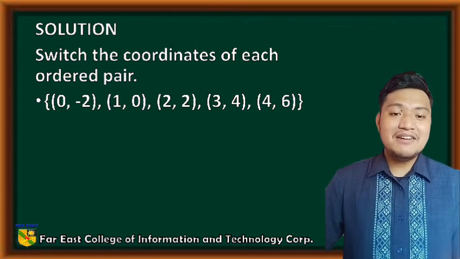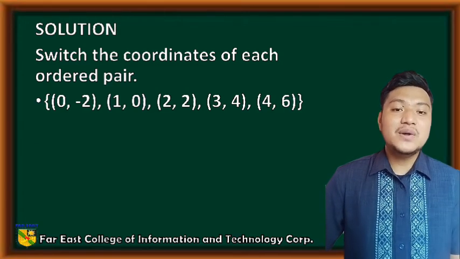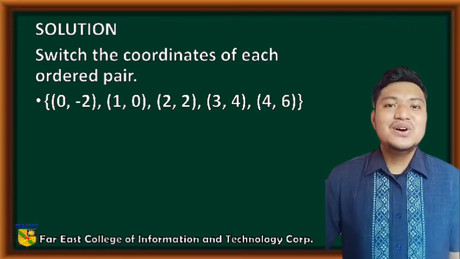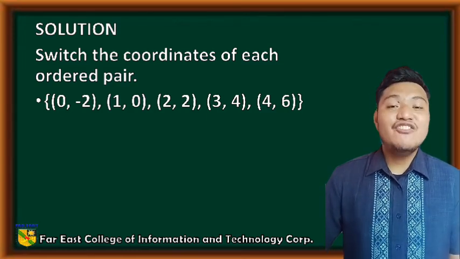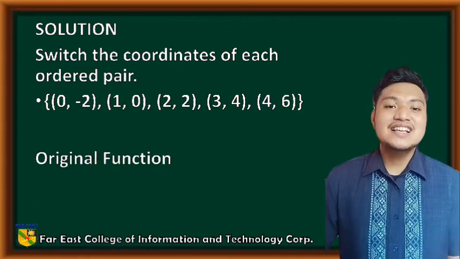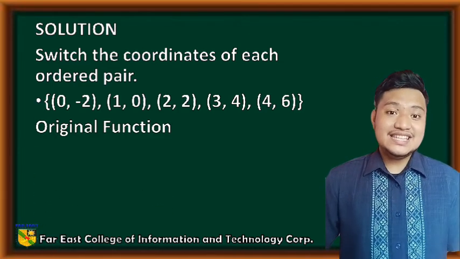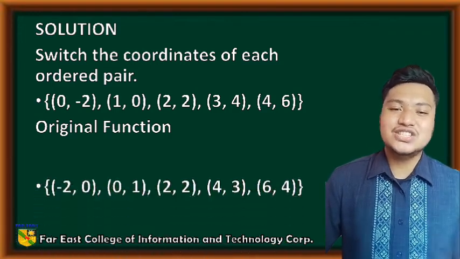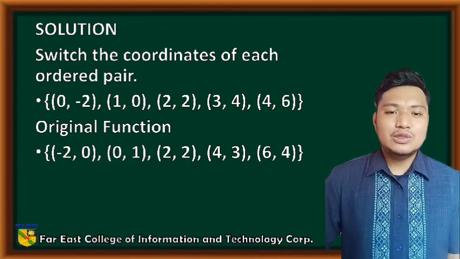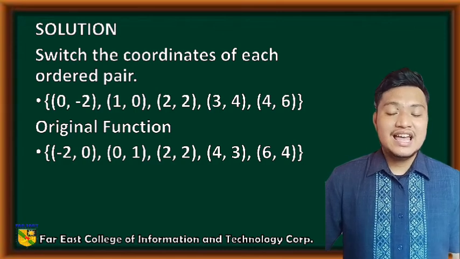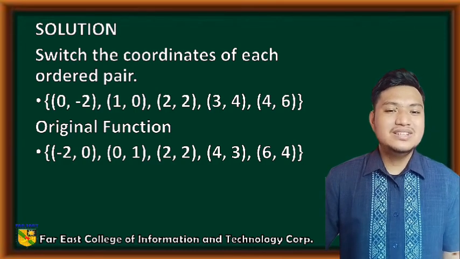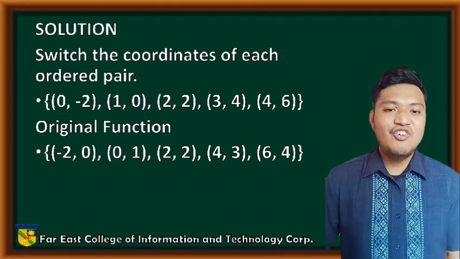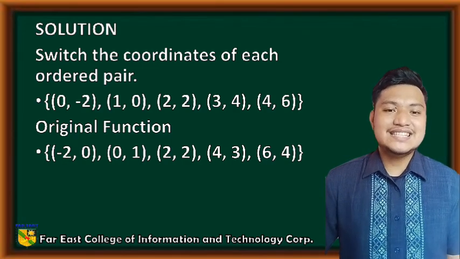So this is the original: (0, negative 2), (1, 0), (2, 2), (3, 4), and (4, 6). This is the original function. If you inverse the function, here it is: (negative 2, 0), (0, 1), (2, 2), (4, 3), and (6, 4).